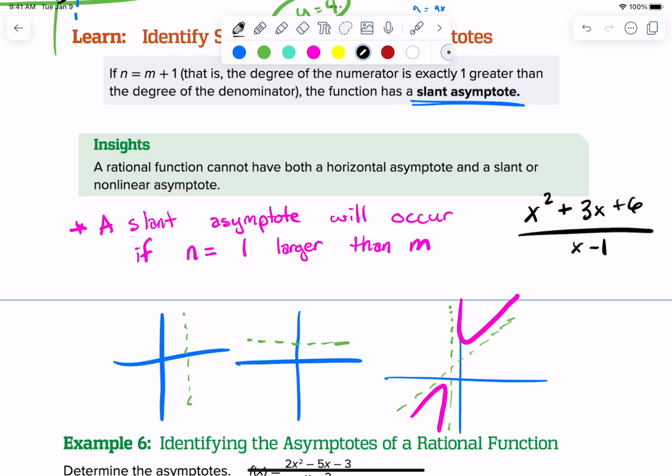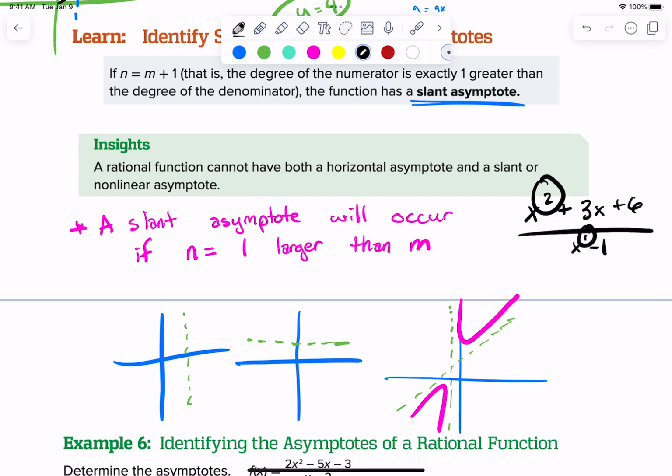If he doesn't have a HA, he will have a slant. So this guy's top heavy, right? N is 2, m is 1, he's the first degree on the bottom. So he's top heavy, so he's gonna fall over, he's not gonna have a HA. This guy will have a slant because 2 is 1 larger than 1, right?